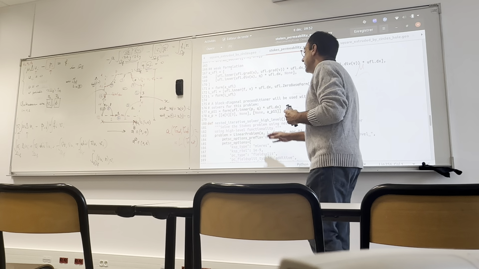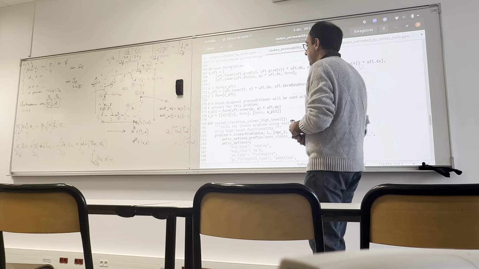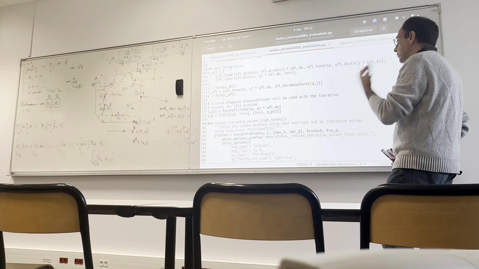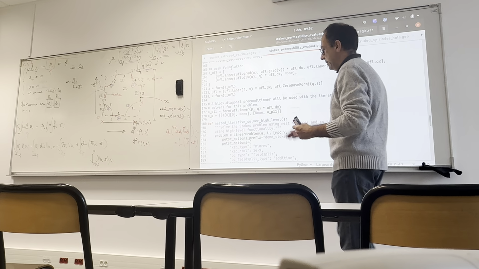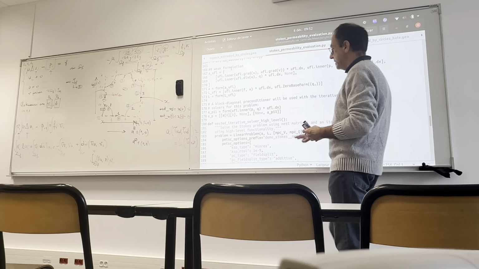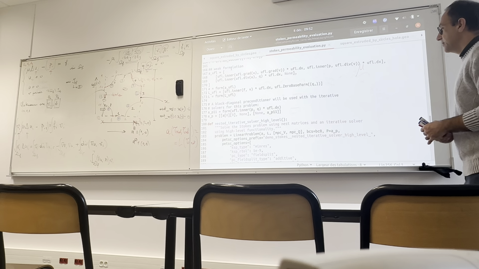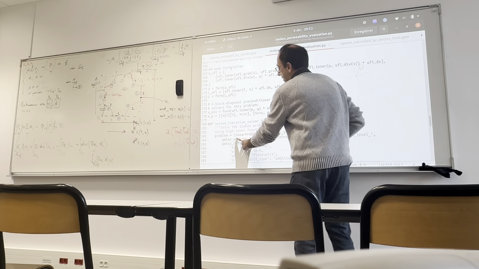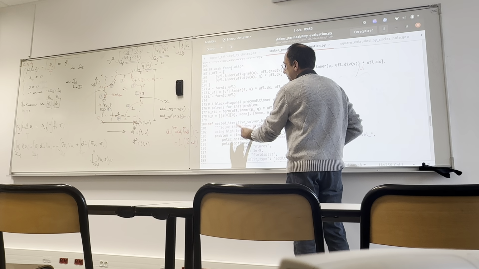And then I introduce the linear solver. I'm not going through all the specification of this part of the code, but this linear problem defines the problem that we have to solve.